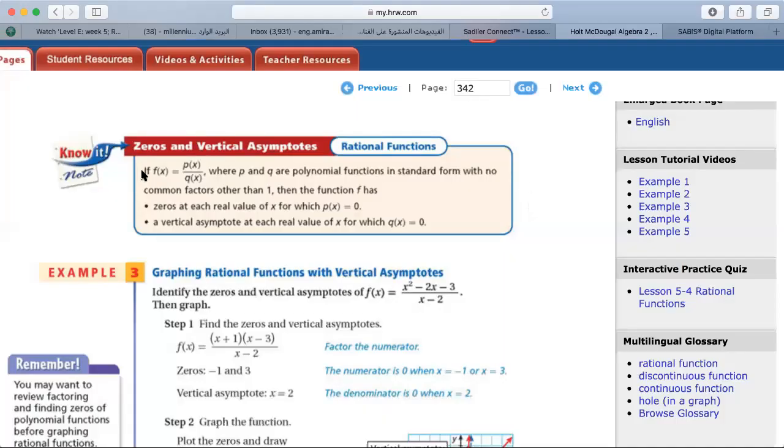Okay, zeros and vertical asymptotes in rational functions.